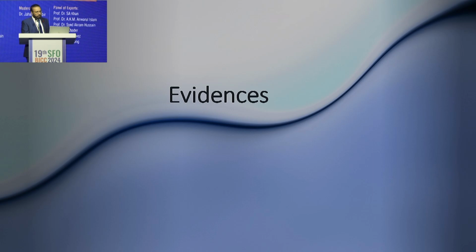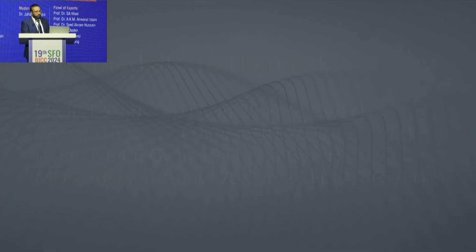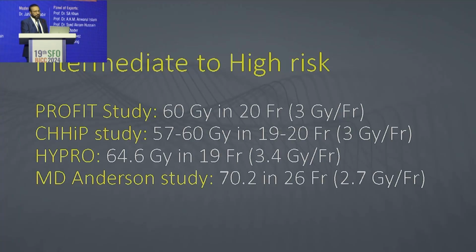Let me talk to you about some evidence, what evidence we have. For moderate hypofractionation, as I mentioned, this is a study which I designed over a period of time, but let's talk about intermediate to high risk first, then I'll go to high risk. The PROPHET study and CHIP study are treating in 19 to 20 fractions where 3 gray per fraction was used.